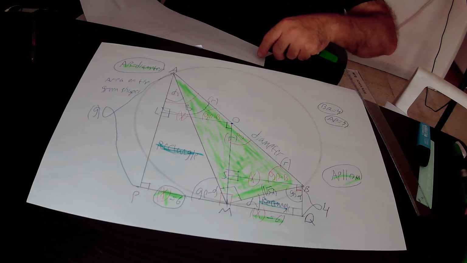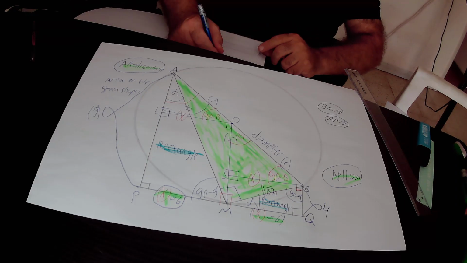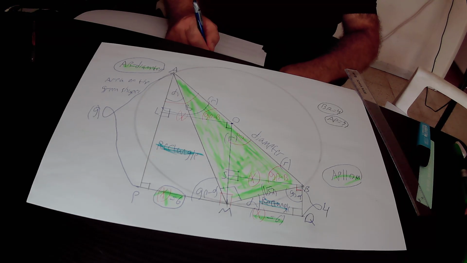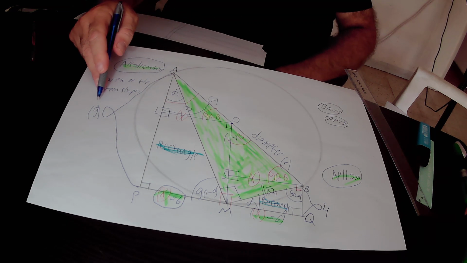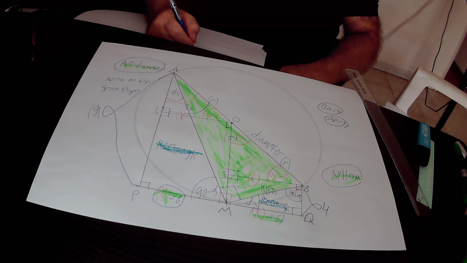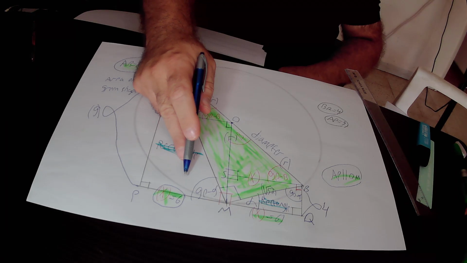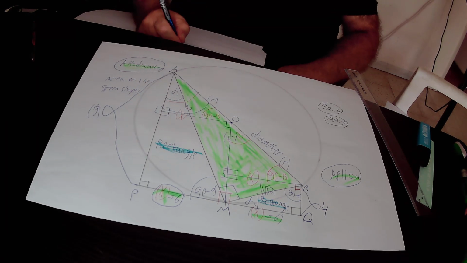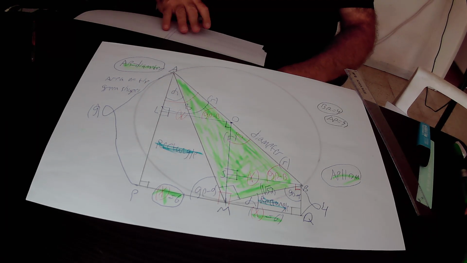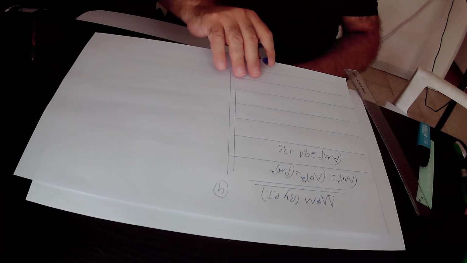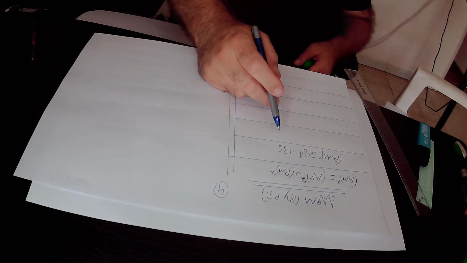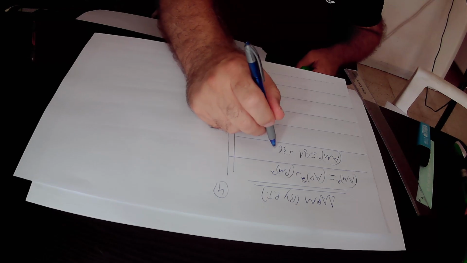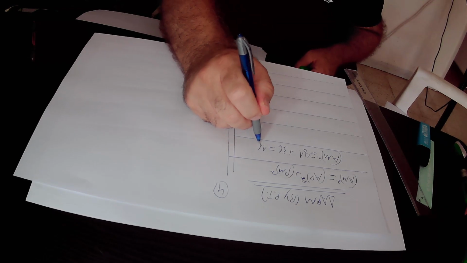AM is the missing side, so AM squared equals AP squared. AP is 9, therefore AP squared is 9 squared, that is 81. Plus PM squared. PM is 6, therefore PM squared is 6 squared, that is 36. So AM squared equals 81 plus 36, which is 117.